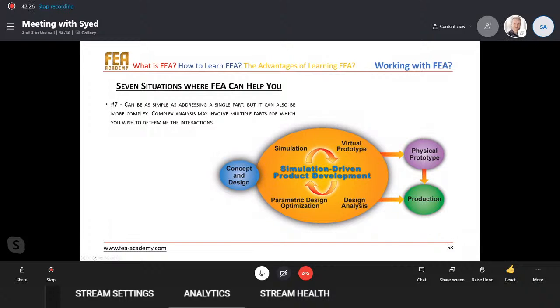Indeed, complex analysis may involve multiple parts for which you wish to determine the interactions. And most of the time, a structure is composed of various parts, various pieces, which are connected together, which are assembled. And FEA can help you to evaluate the connectivities between all those parts.